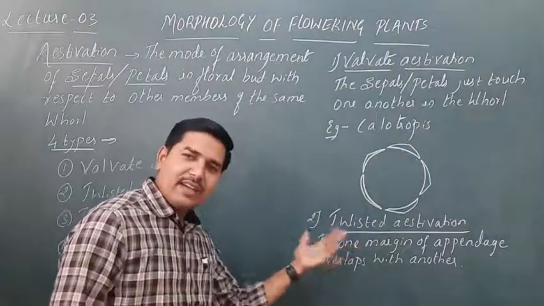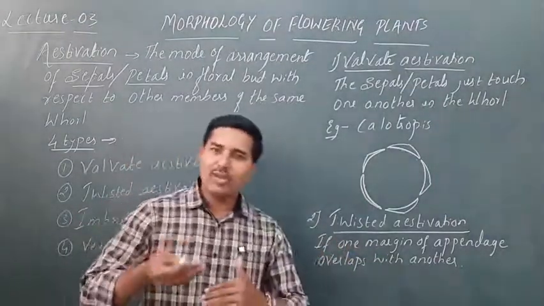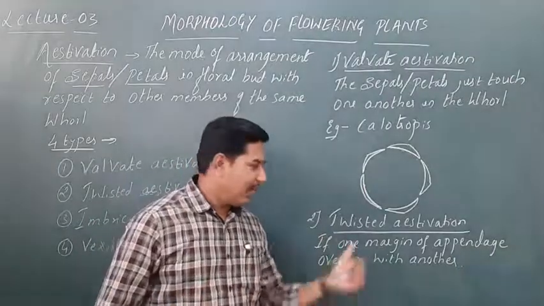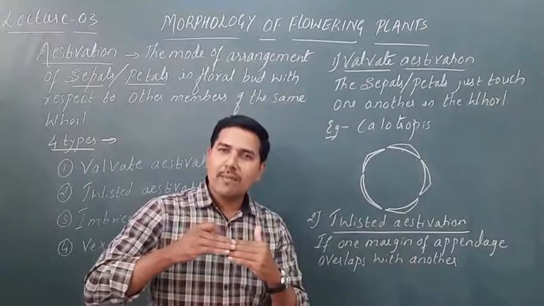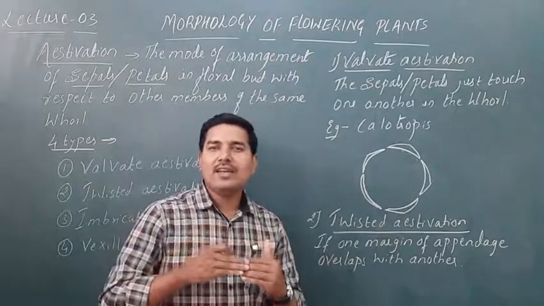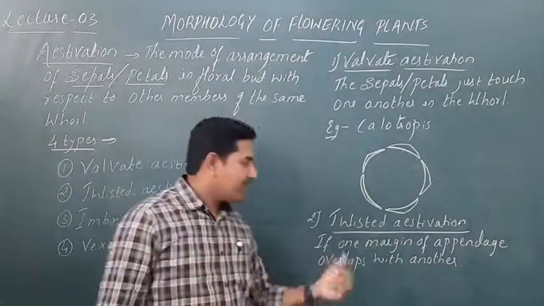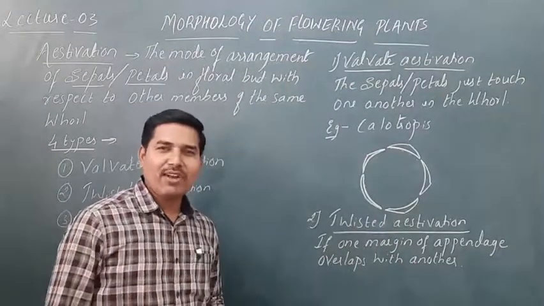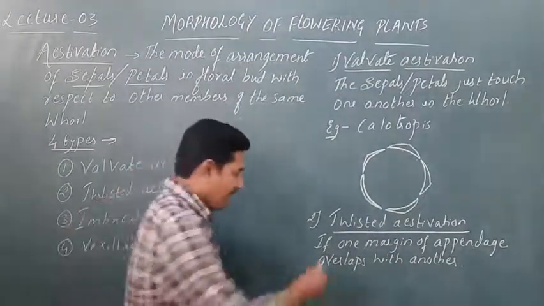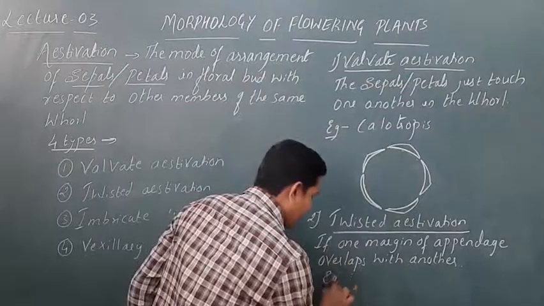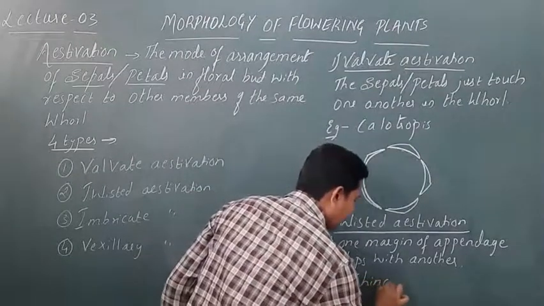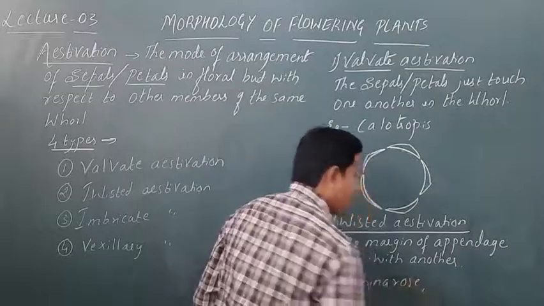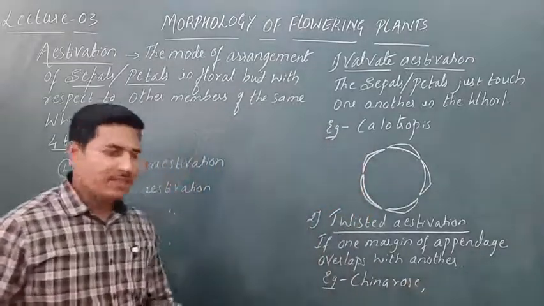You can write it in another way also. We can define it in another way too. That means the sepals or petals overlap at their margins with another floral appendage. Such type of aestivation is also defined as twisted aestivation. For this twisted aestivation, we can take the best example of China rose or hibiscus.